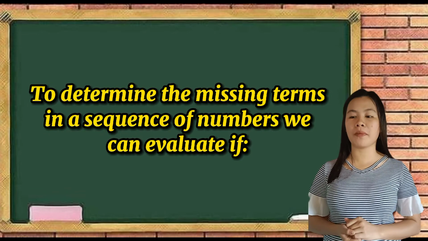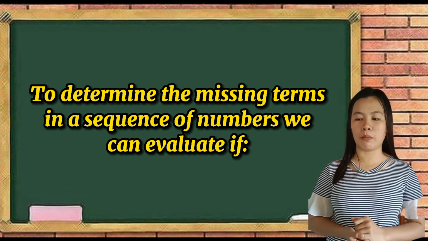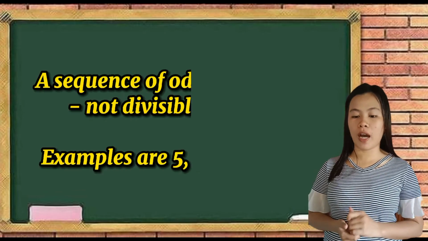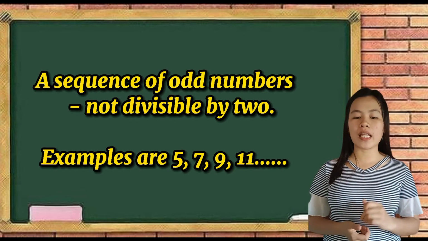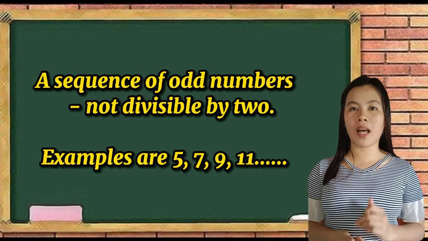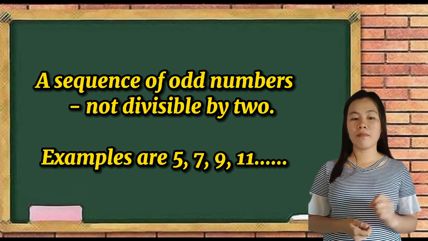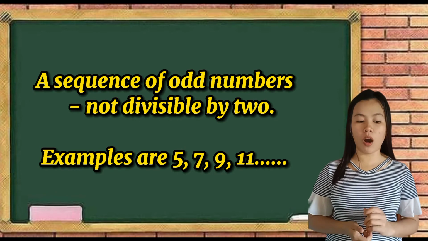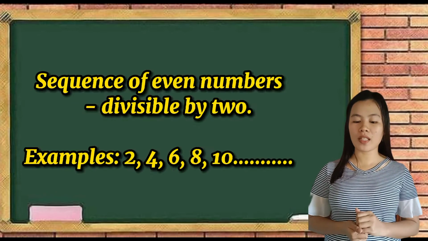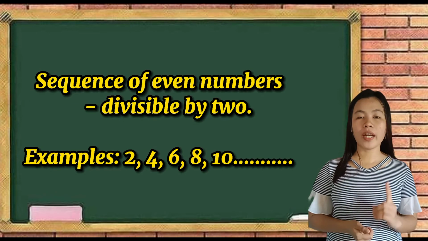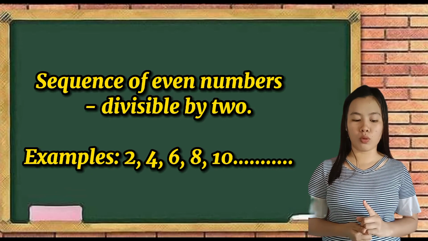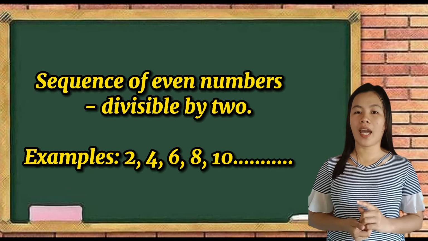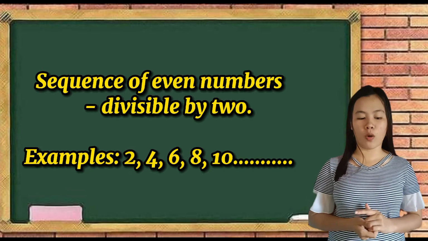To determine the missing terms in a sequence of numbers, we can evaluate if it is a sequence of odd numbers, which are not divisible by 2. Examples are 5, 7, 9, 11, and so on. In a sequence of even numbers, which are divisible by 2, examples are 2, 4, 6, 8, 10, and so on.